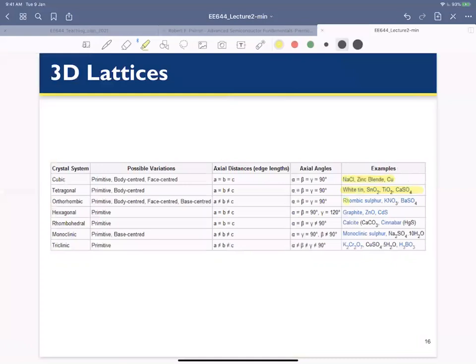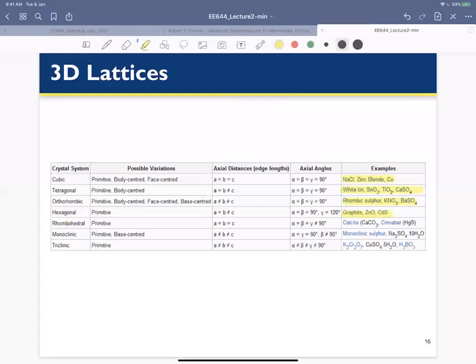Similarly, rhombic sulfur, KNO3 and barium sulfate are orthorhombic structures. Similarly, graphite, zinc oxide and CdS. Zinc oxide is also a semiconductor, and cadmium sulfide is also a semiconductor, but these are hexagonal structures, right?